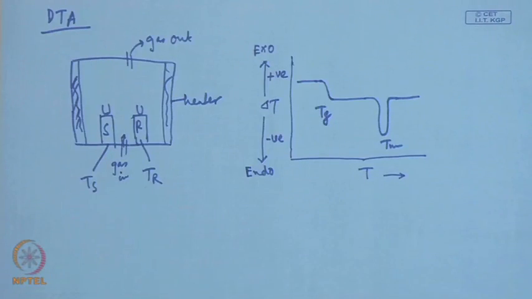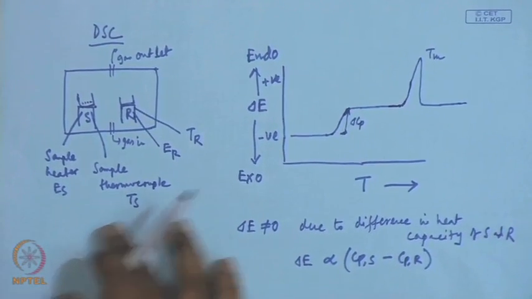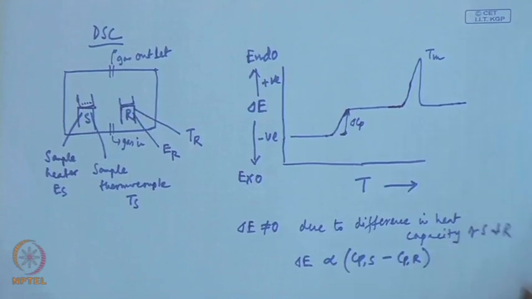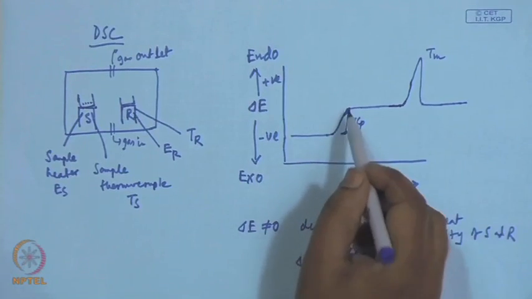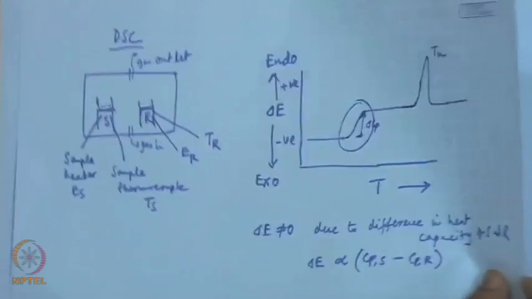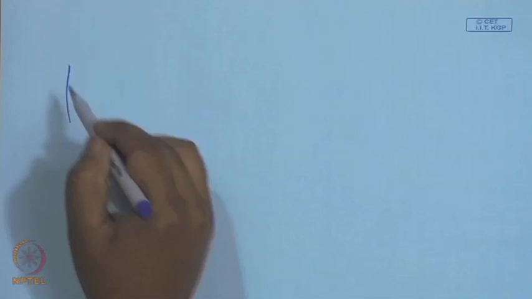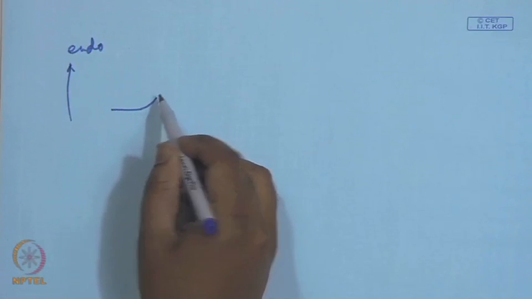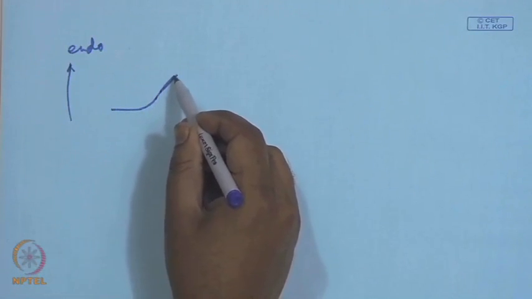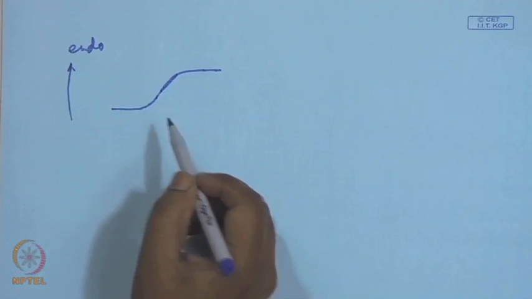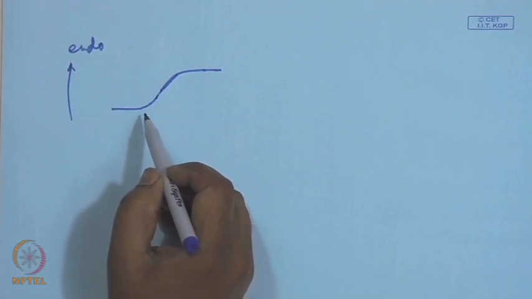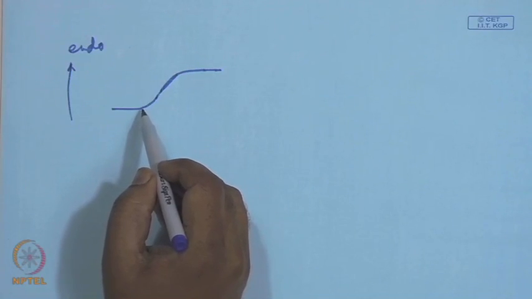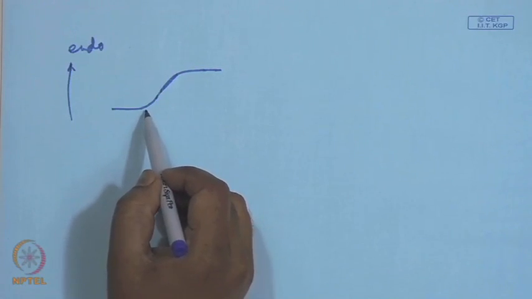Now, when you talk about this DSC, how is the Tg obtained mathematically? If we draw this portion again, so that is endo. Different scientists use different techniques to find the Tg.